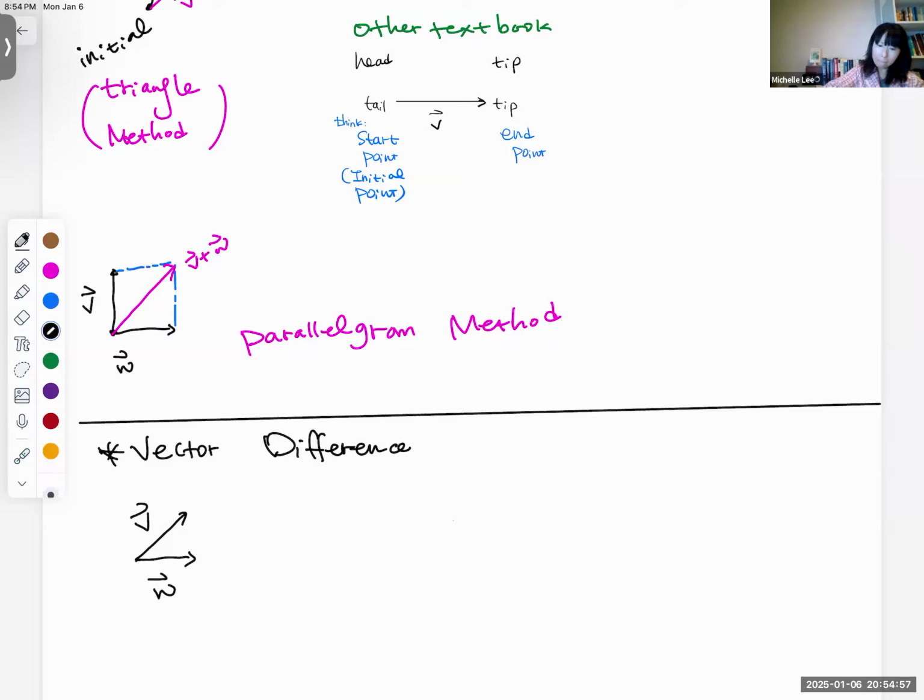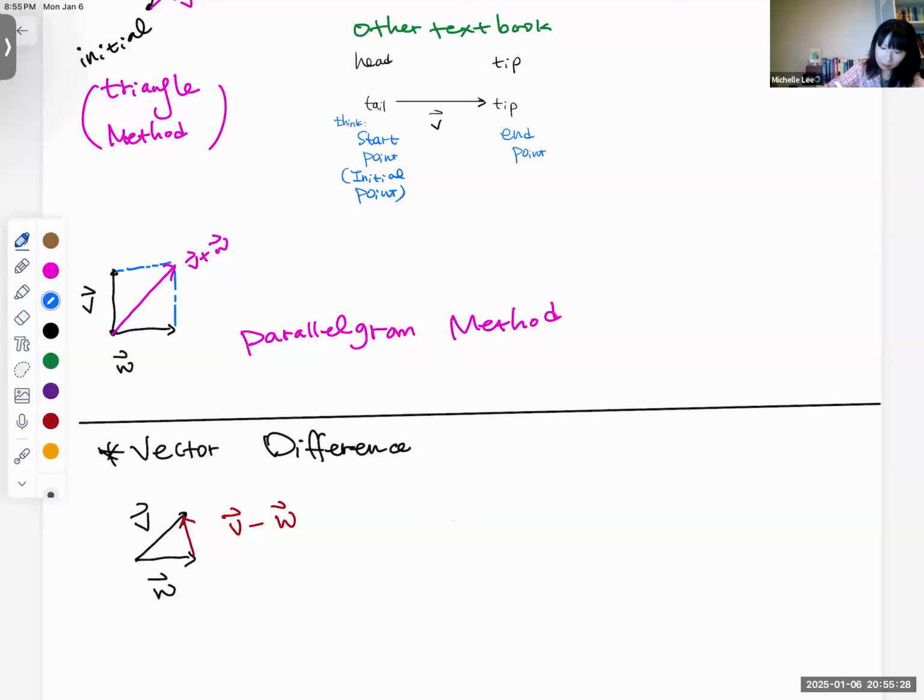So that will be from vector w to vector v, and from the initial it will be w to the vector v, right? So that is vector v minus vector w, all right?